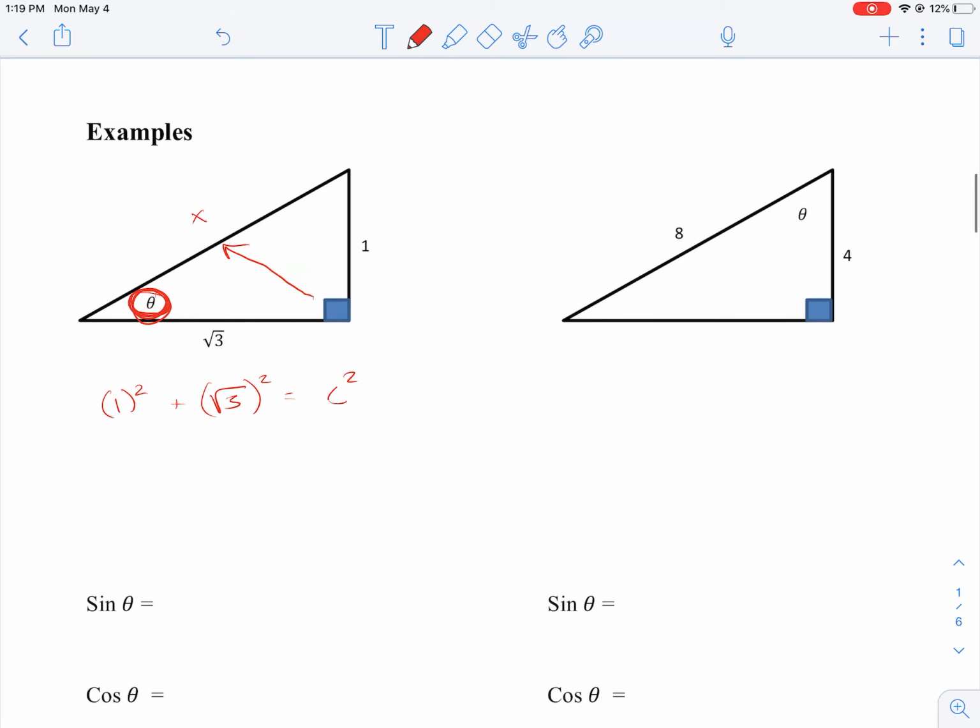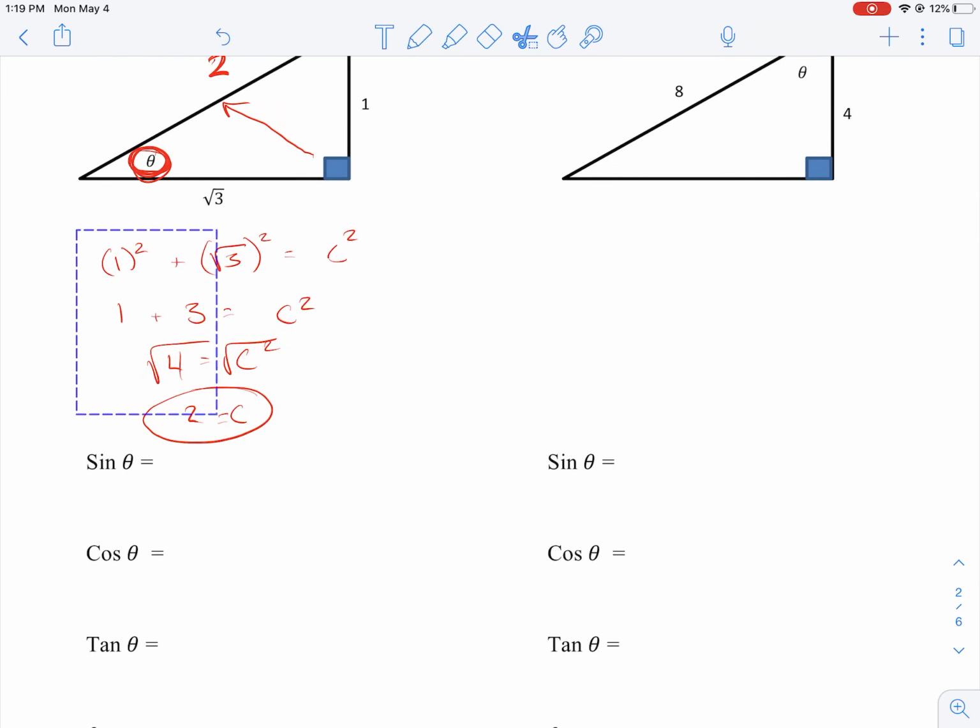And this is 1 plus 3 is equal to c squared. So we get 4 is equal to c squared. Take the square root, and you get c is equal to 2. So this length right here is just equal to 2.